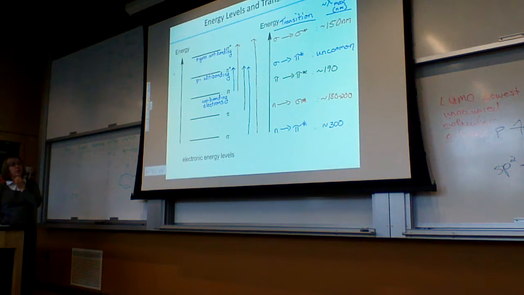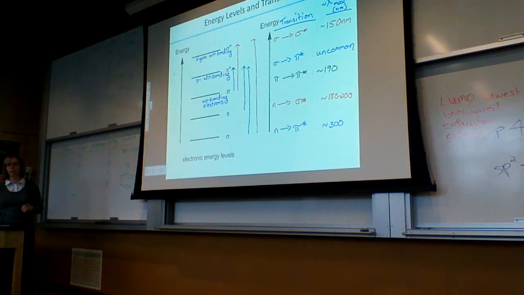And as we'll see later on, that's in a region that we really can't quantify very well, because everything that we're going to try to dissolve our sample in is going to have sigma bonds, right? Pretty much every molecule you have has sigma bonds. So if you're getting excitation from a sigma to a sigma star, we're going to be exciting basically anything you could put in the UV vis, and that's going to max out the sample absorbance.